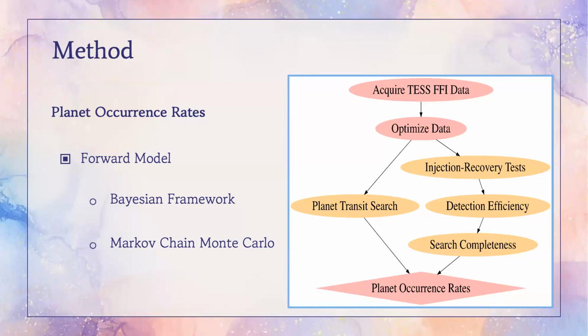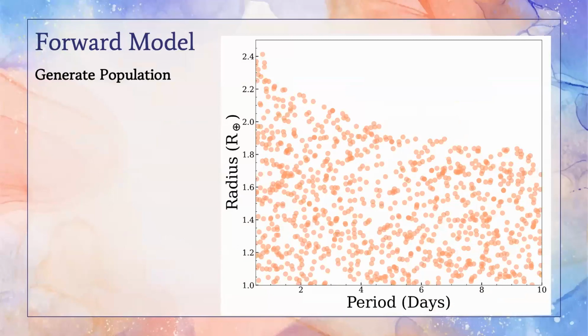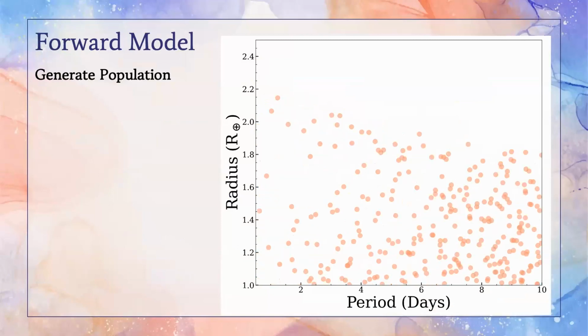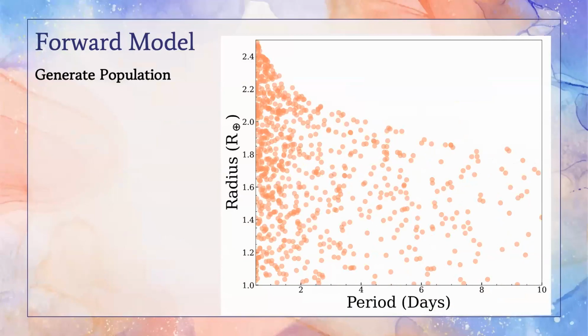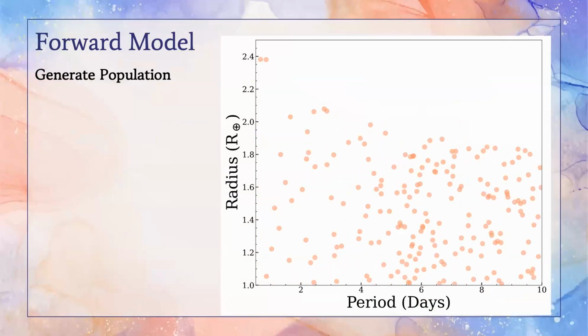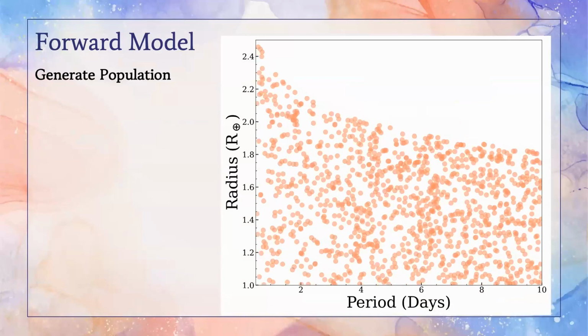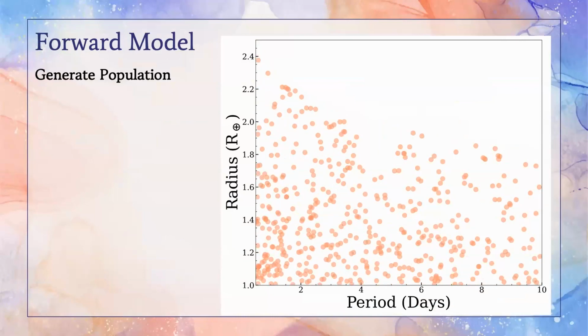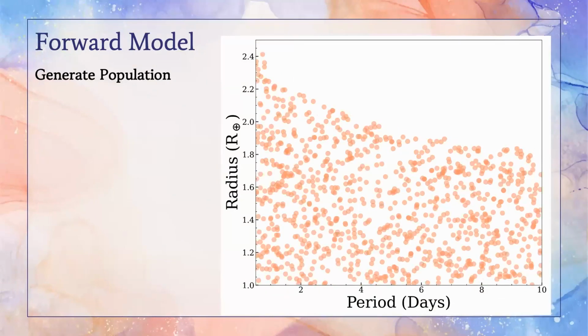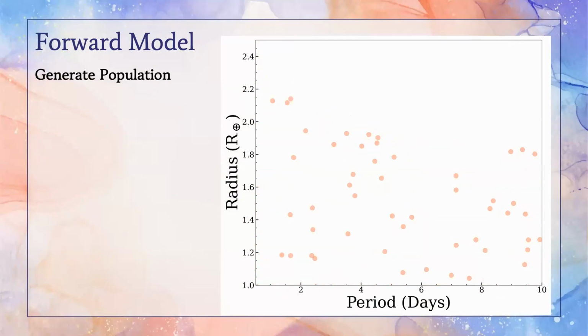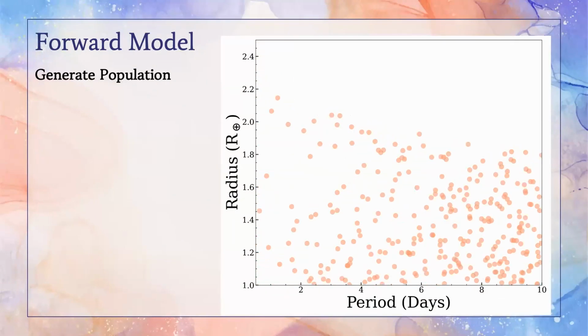So basically what we do is we generate a synthetic population of planets that can look anything like this. This is a super-Earth population, and that nice curved line feature that you're seeing is the Ho and Van Eylen relation. So basically, we generate some sort of synthetic population that can look like anything.